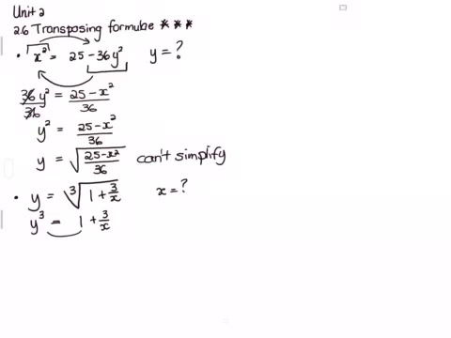Let's bring the 1 to this side, so that I have y cubed minus 1 equals 3 over x. Now, very important. Remember, you can't take away the 3 on the right and leave the x hanging at the bottom.